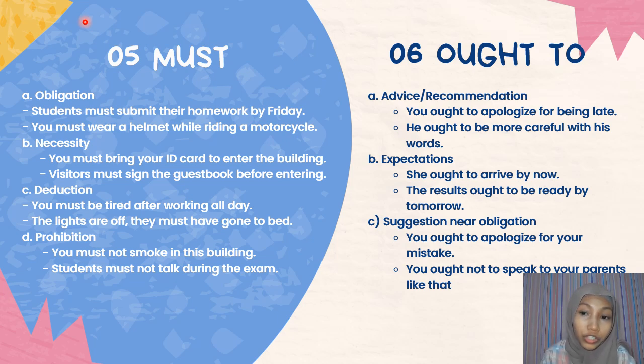You ought to apologize for being late. He ought to be more careful with his words. Expectations. She ought to arrive by now. The results ought to be ready by tomorrow. Suggestions near obligations. You ought to apologize for your mistakes. You ought not to speak to your parents like that.